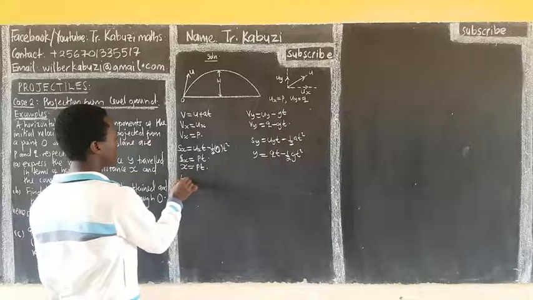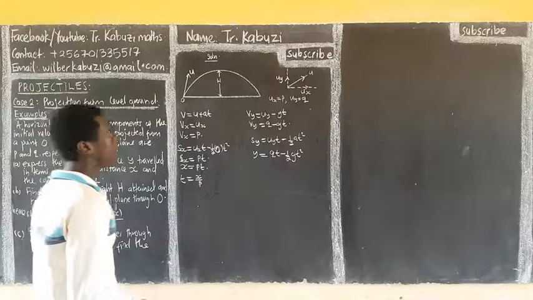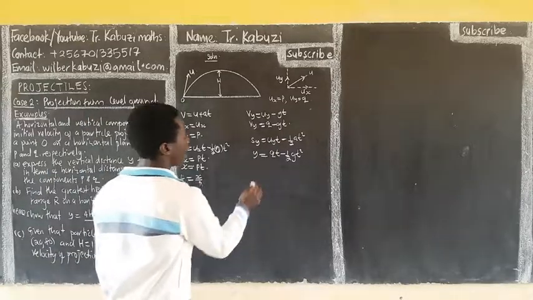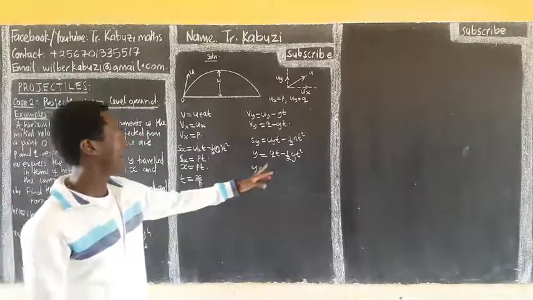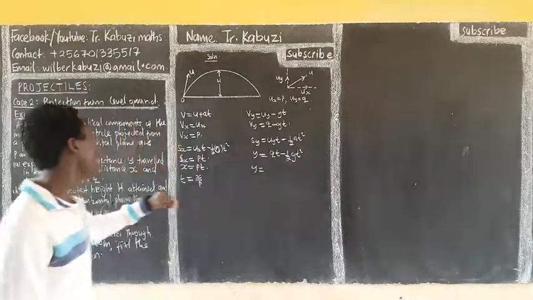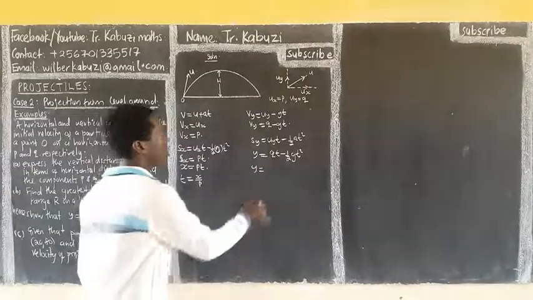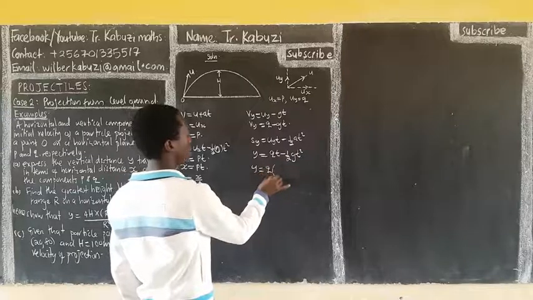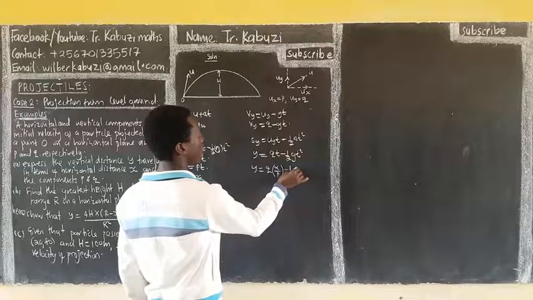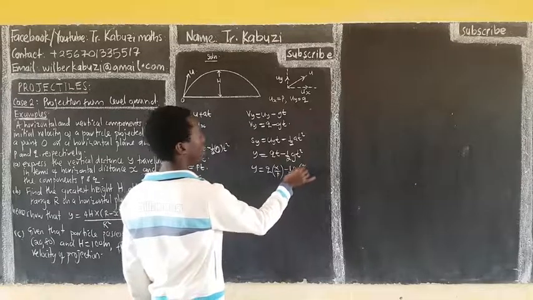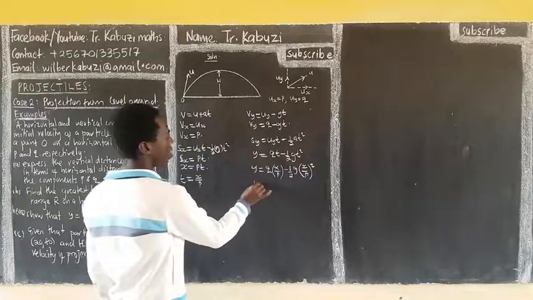From here, our t is going to be X over P. When you substitute into this equation, we have to remove that t, so my Y equals Q times X over P, then minus a half g into X over P, the whole squared.